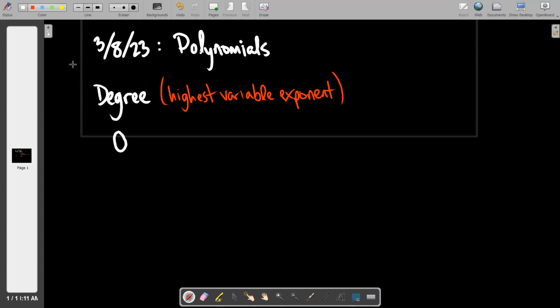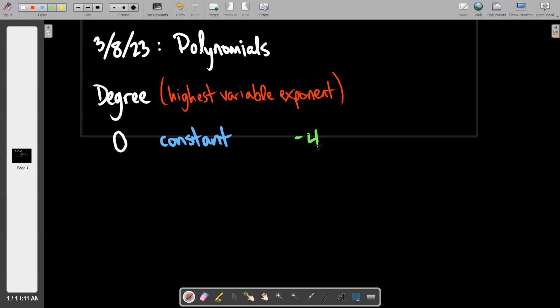And the name that we have for that is called a constant. So an example of a constant polynomial would be something like -4. -4 is actually a polynomial, believe it or not, and it's just called a constant. It's pretty boring. It has no x, it has no x squared, it's just a number.